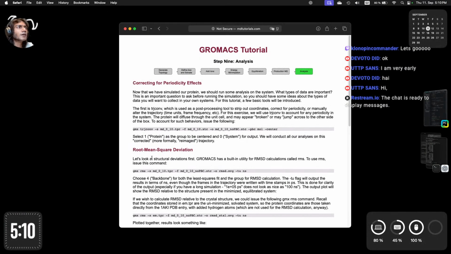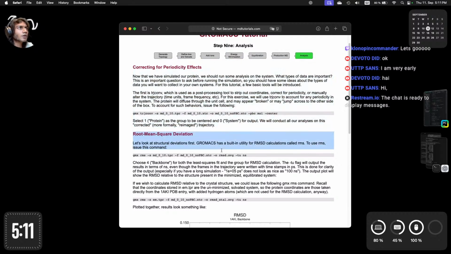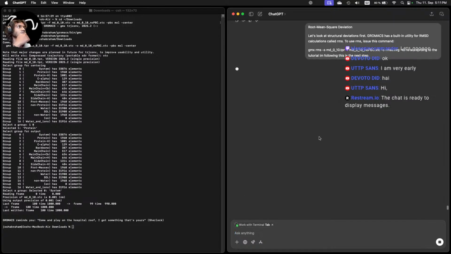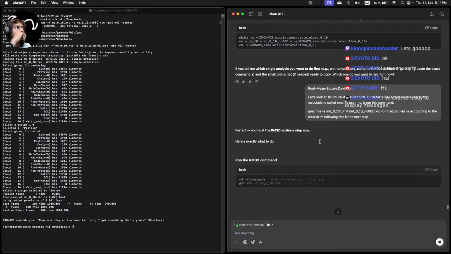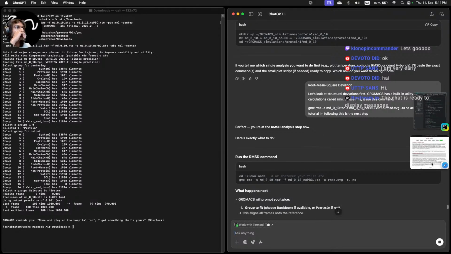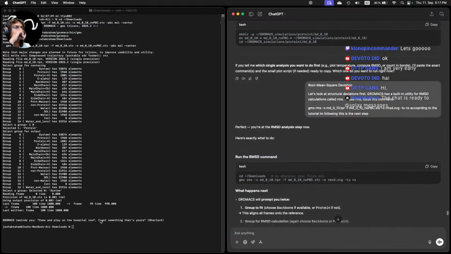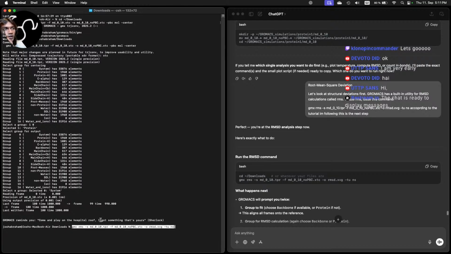Wait, what does this say? Root mean square deviation. Okay, let's do the root mean square deviation.